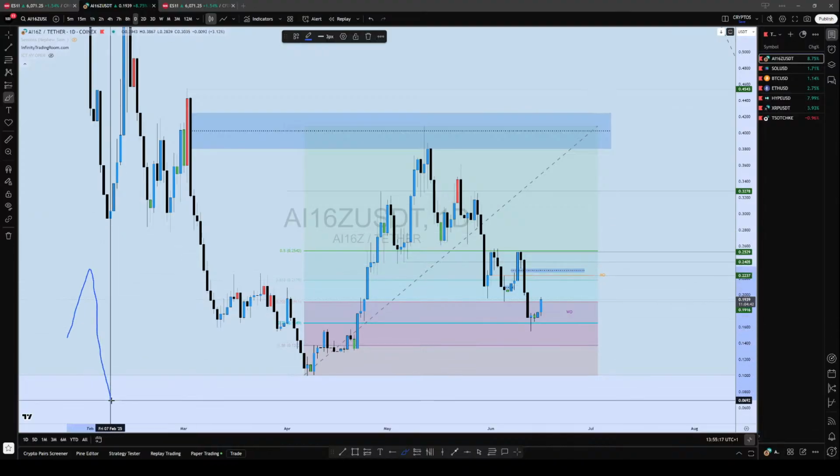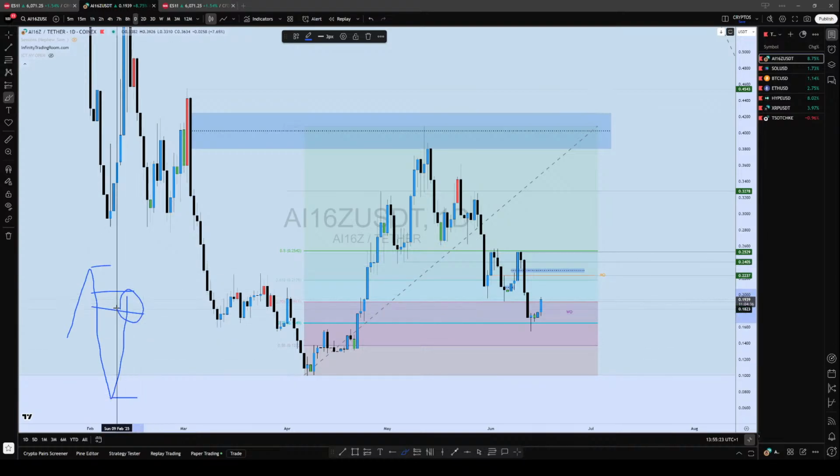So if we have a range like this and we come up in here expecting price to go down, if you put your RSI on and see your RSI making this one higher than this one lower, that's a divergence, and all you need to see is a big rejection, then you're in for a sell to come back down here.